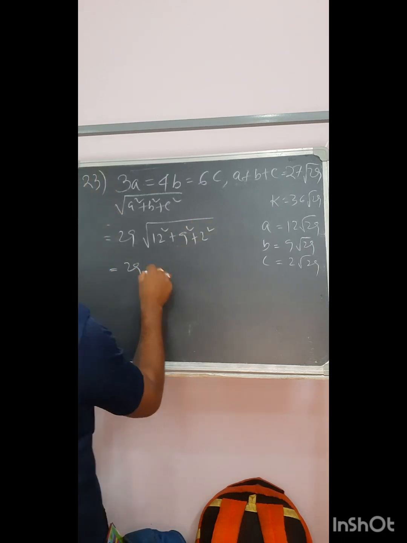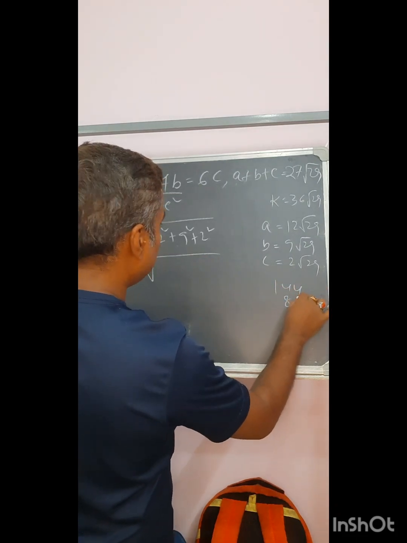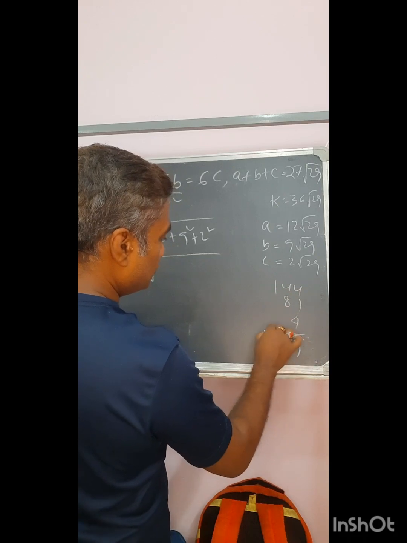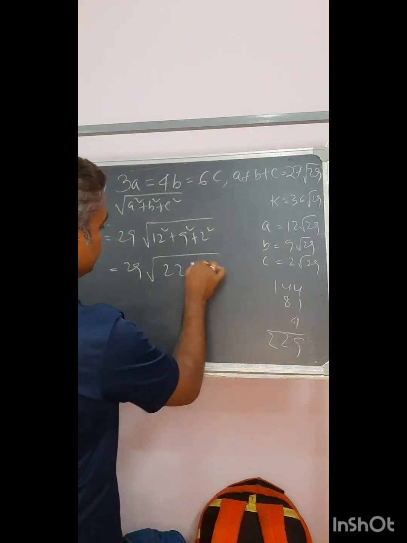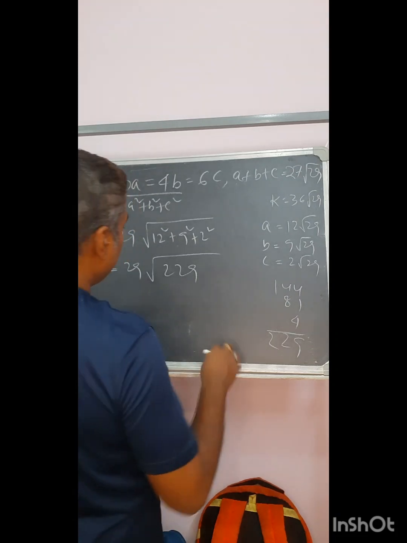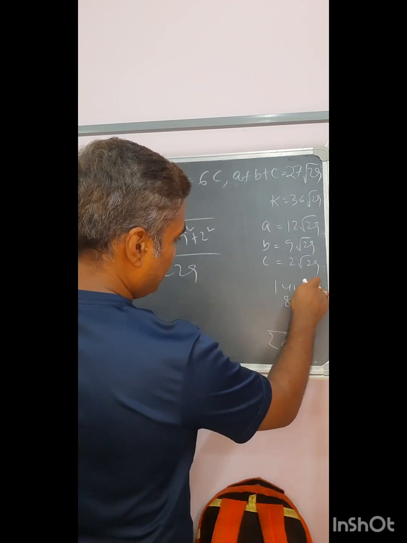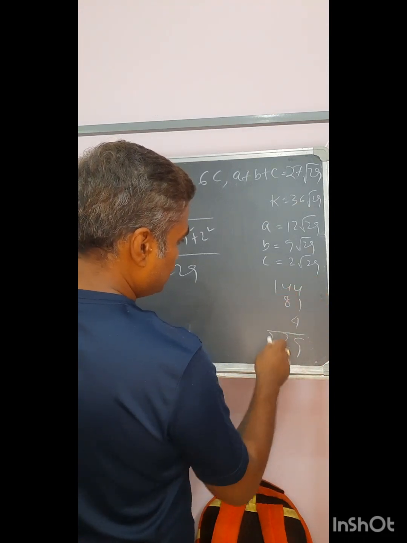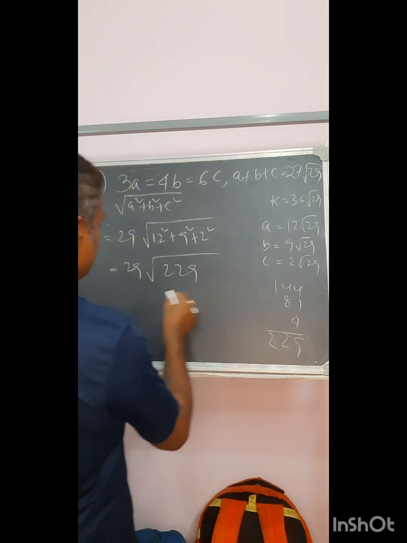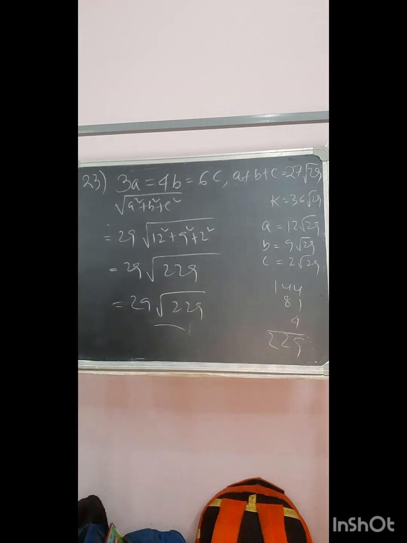So root 29 will be outside, and this becomes 12 square 144, 9 square 81, 2 square 4. So all together it is 229. Whether it is a perfect square, I don't think so, so let me check the calculation first. Yes, it's not a perfect square, so this is your answer, root 229.